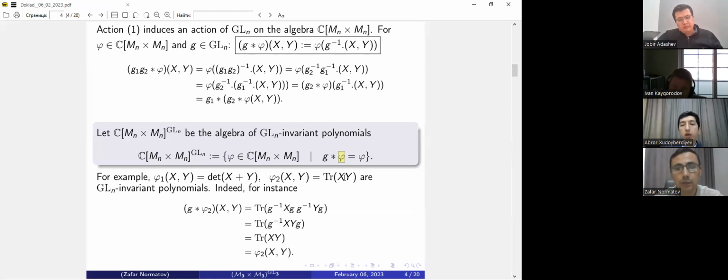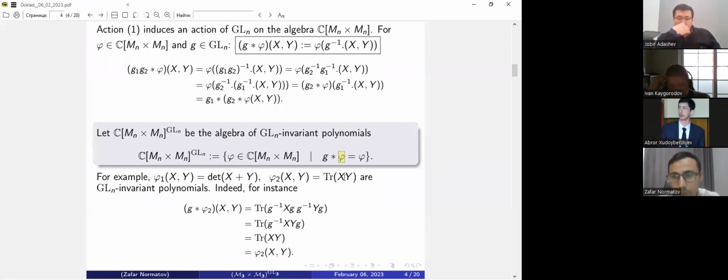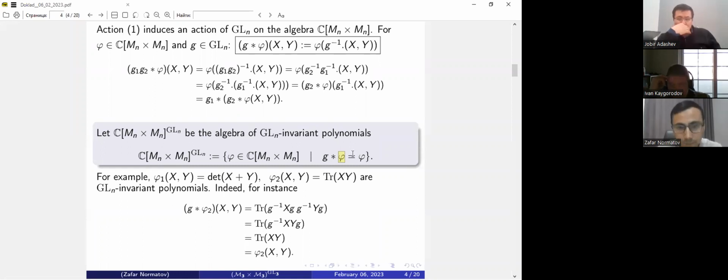Okay. It can also be the determinant function. What is the orbit of these functions? The orbit of these invariant functions contains only one point, yeah?